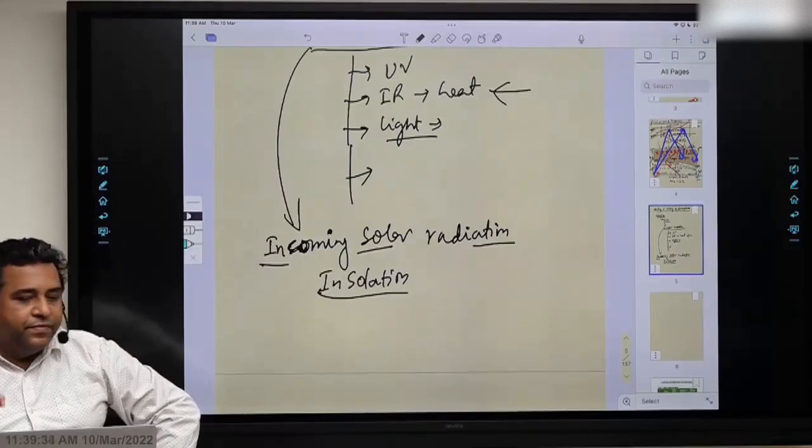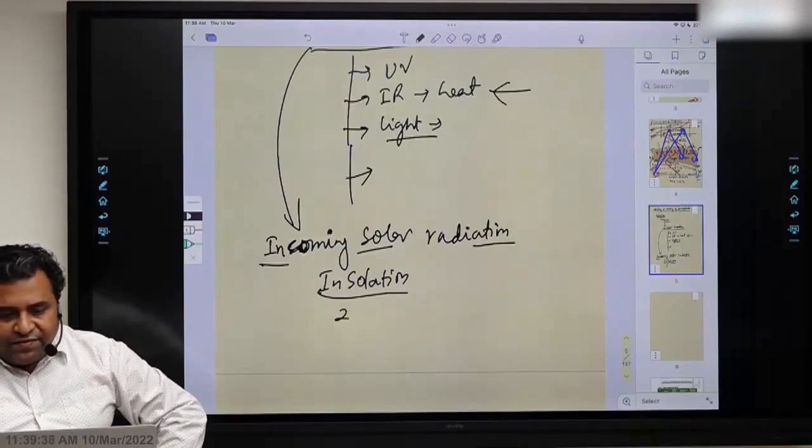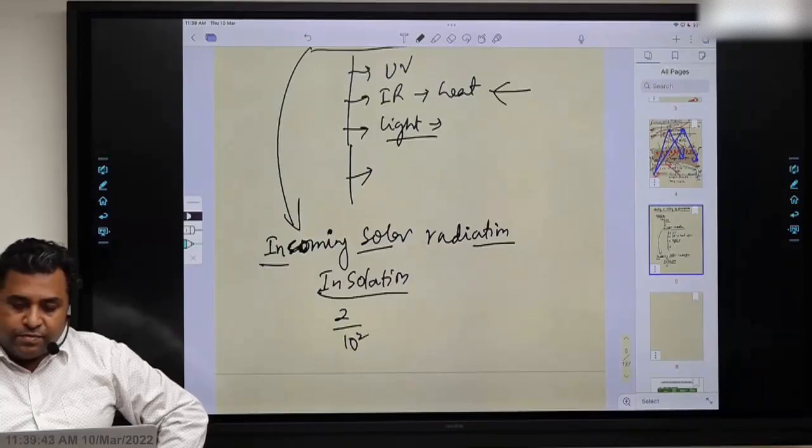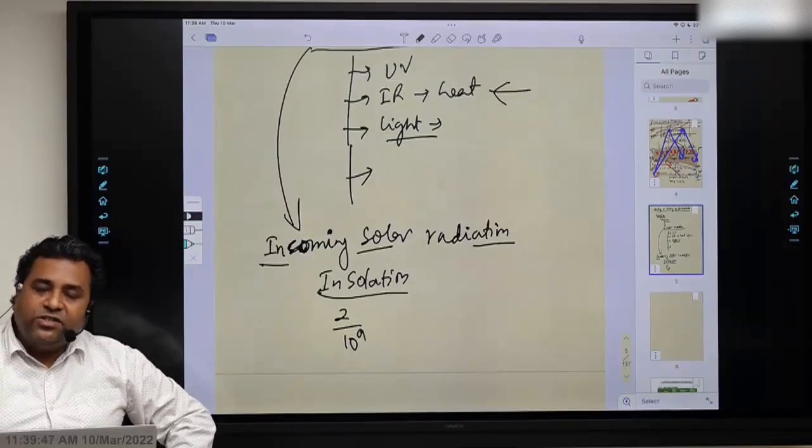So we receive nearly 2 billionth part of the total radiation of the sun.